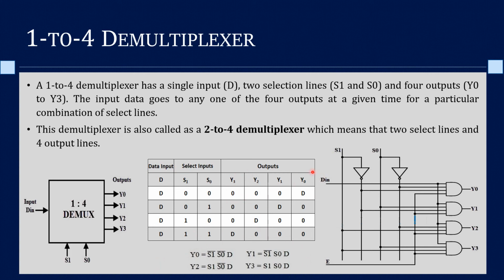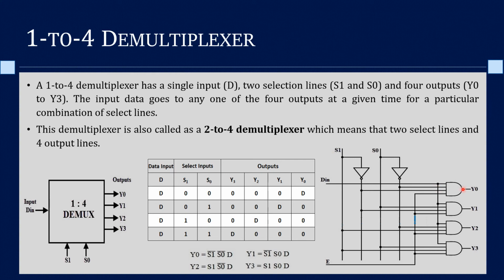Now let's draw the corresponding logic diagram. Since we are having 4 minterms, we will be having 4 AND gates. These 4 AND gates are used for generating these 4 outputs. We'll be having 2 select lines, a single input line, and 4 output lines. The single input line D will be given to each of the AND gates.